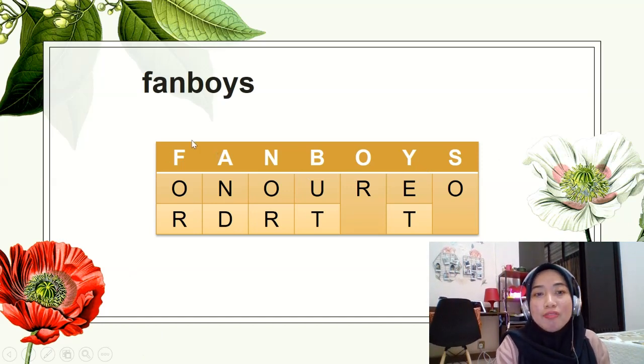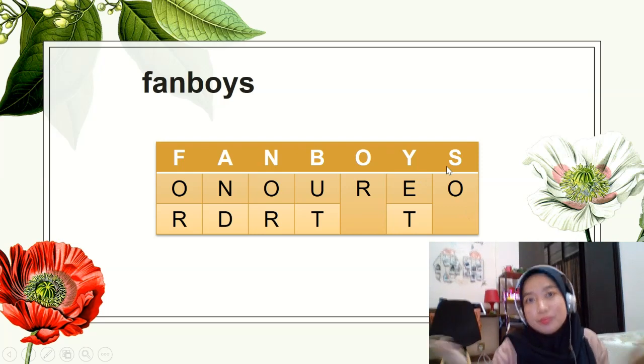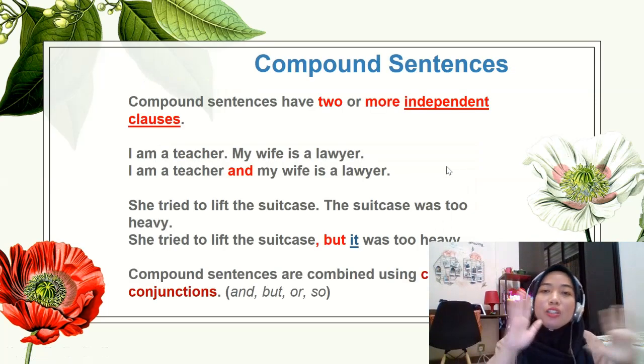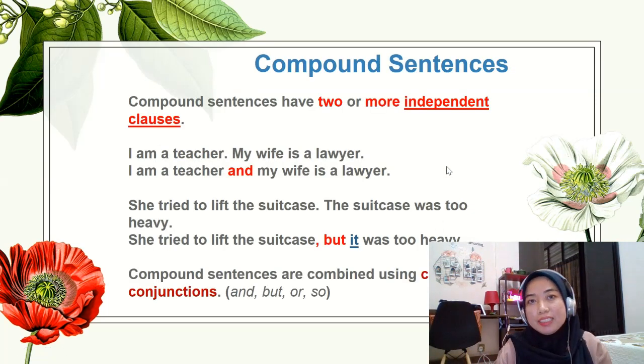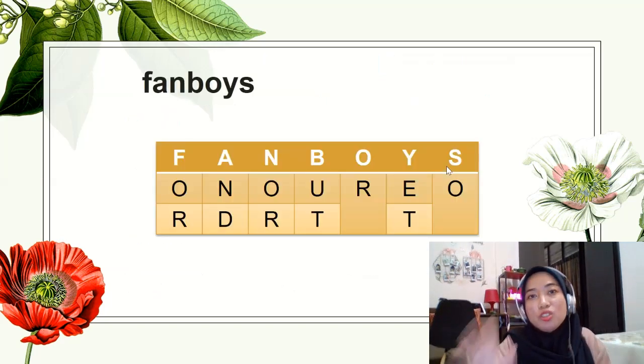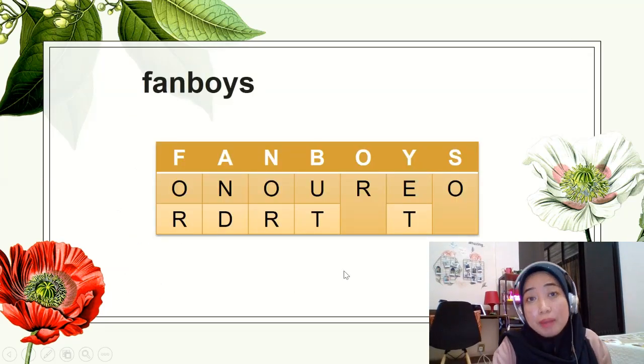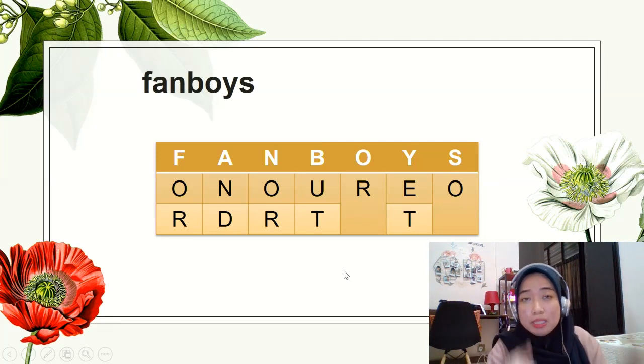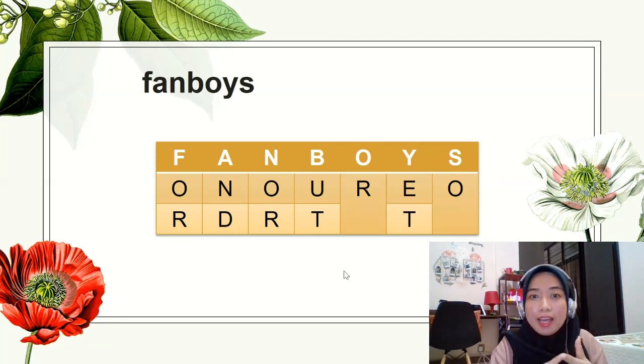F for, A and, N nor, B but, O or, Y yet. So, easy. So remember, for compound sentences, you have to use coordinating conjunctions, which are these FANBOYS.